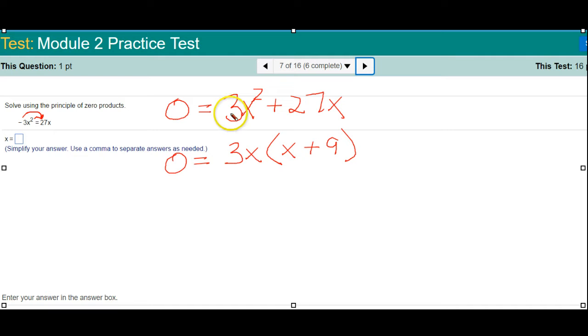Then I'm going to factor this, and I'm taking a 3x out of each term, and I get this. So now what I'm going to do is take each of these factors and equal it to 0 to get my solution set. And we'll leave that to you.